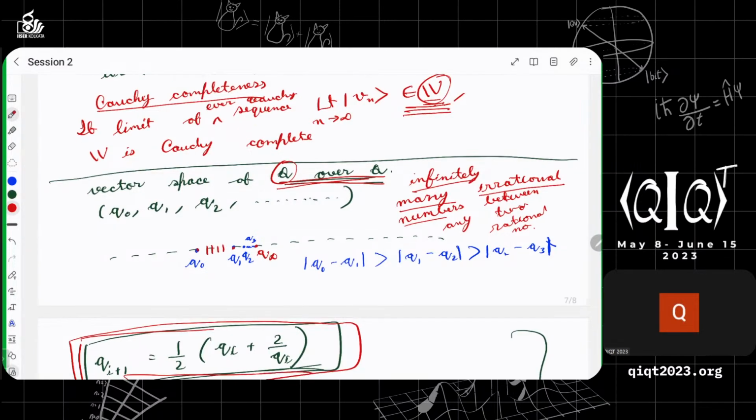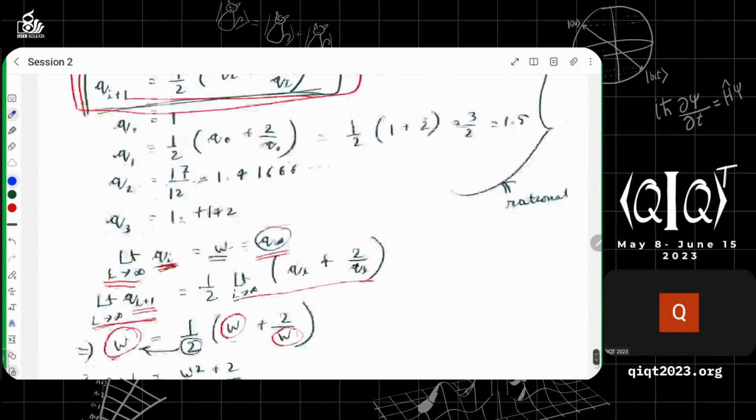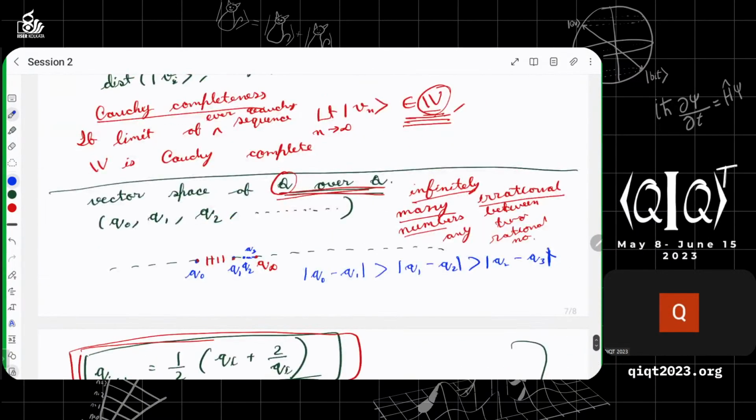So very loosely speaking, we can say that there are gaps or holes in the set of rational numbers, and that is why it was not Cauchy complete. When we say that a space is Cauchy complete, in this sense there will be no gaps or holes in the set.